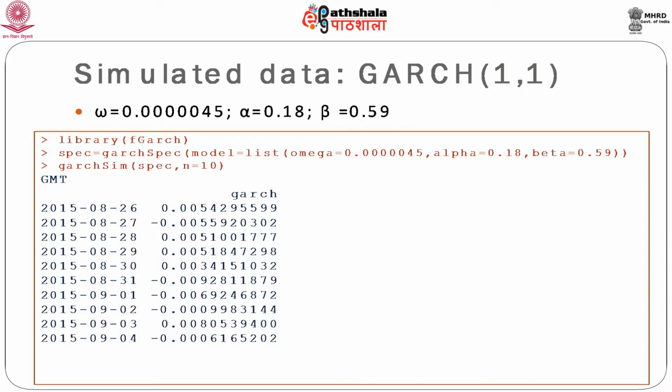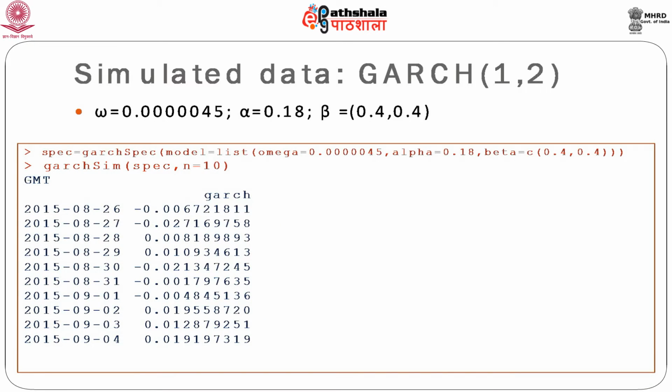And that was the GARCH(1,1) generation. Suppose you want GARCH order (1,2), then you have to set two parameters for beta. For omega again I said that the error component is quite small, deliberately to ignore the autoregressive components and focus just on the noise. Alpha is 0.18 and beta is set to 0.4 and 0.4.